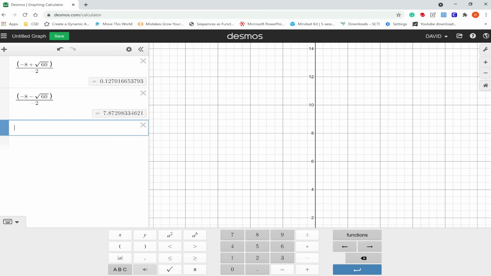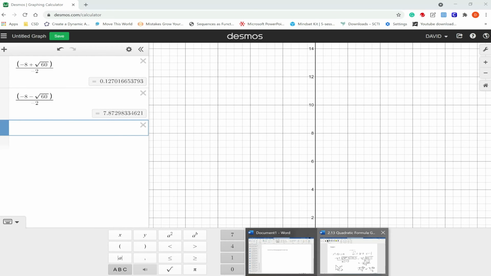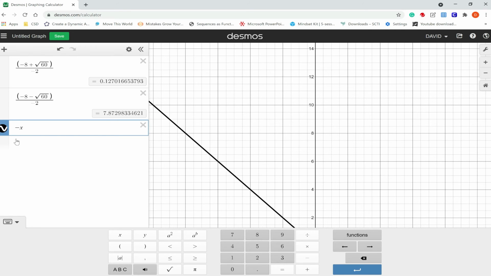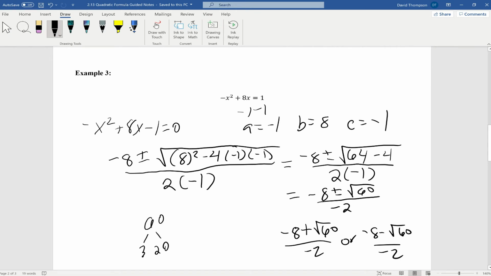Let's type the original equation in and just check our answer. So negative x squared plus 8x minus 1.